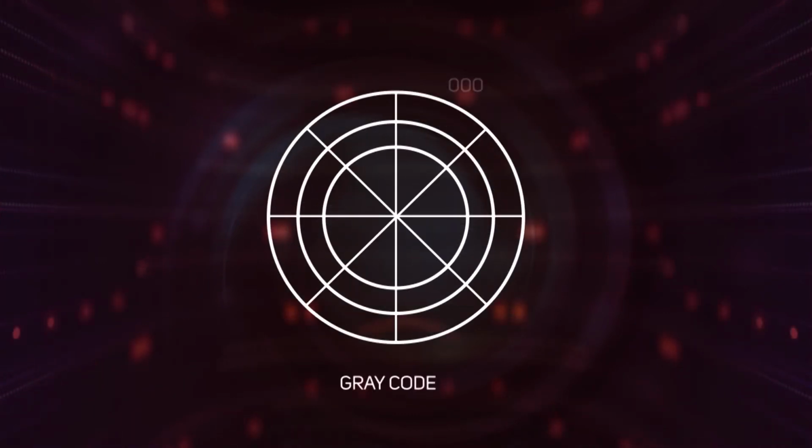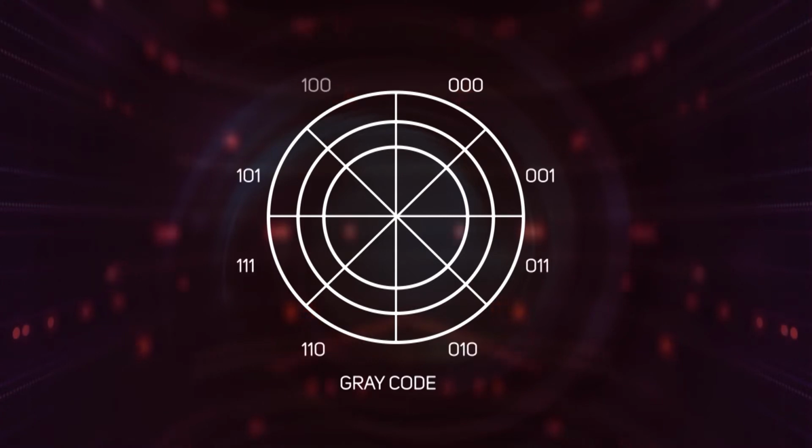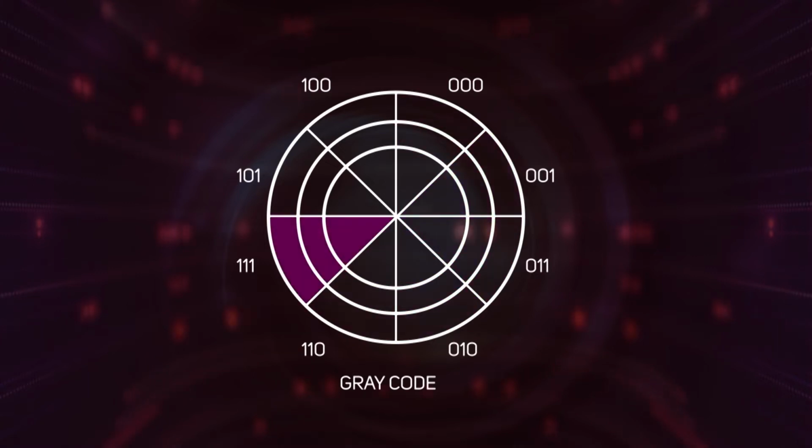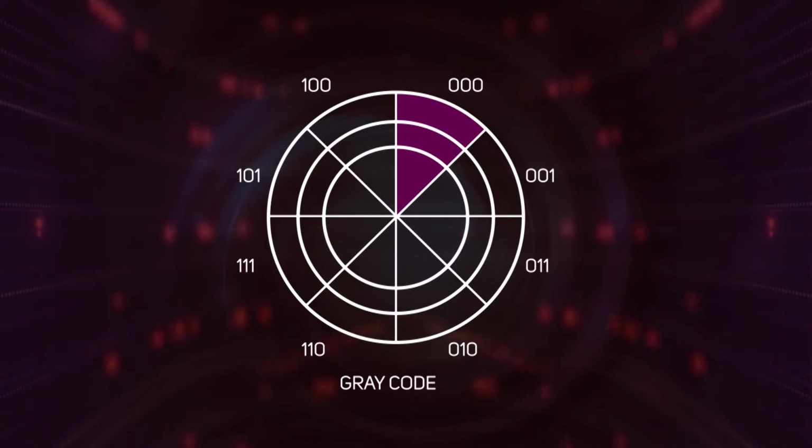So, we have to think of an alternate code. What is the advantage of using gray code here? Let the sectors be encoded with gray code in sequence. Then each 45-degree rotation, or transition of a sector to the adjacent sector, brings only a single bit change.